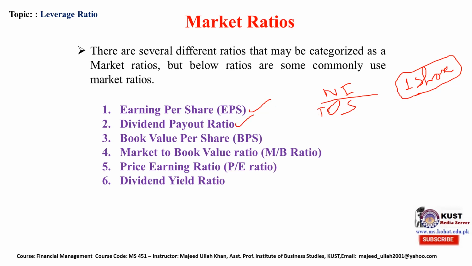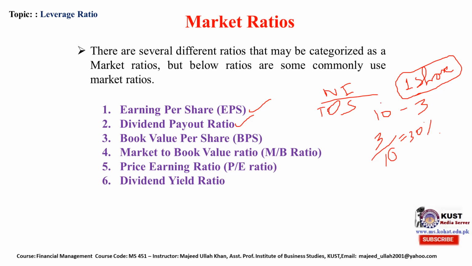Dividend payout ratio. Let's suppose the company earns 10 rupees per share and it gives 3 rupees as a dividend. What does dividend payout ratio mean? This is 3 divided by 10. We say that 30% is the dividend payout ratio.